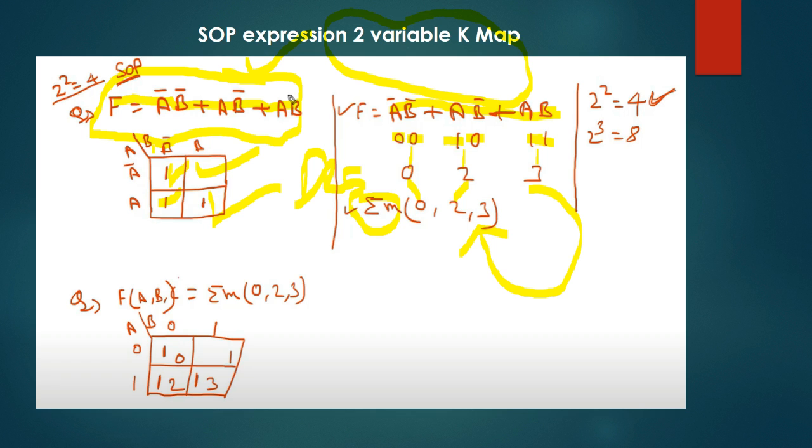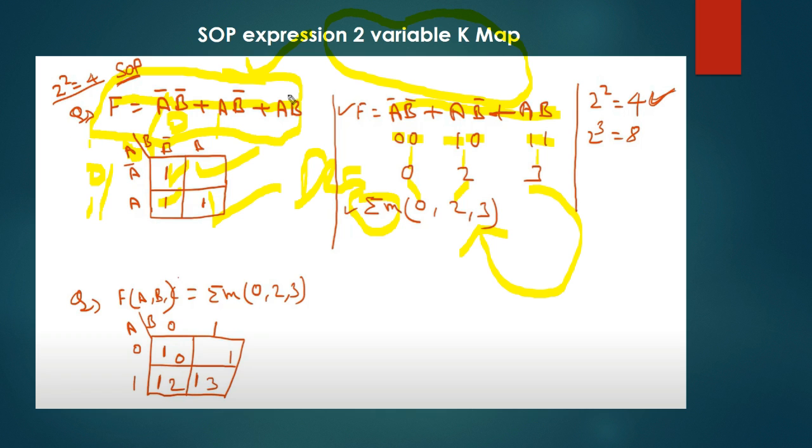In this manner we have to write, and once we have figured out the cells, in the left hand corner we write A, in the right hand corner we write B, and this place is filled with the first value. So instead of writing A bar and A, we could have easily written 0 here or 1 here.